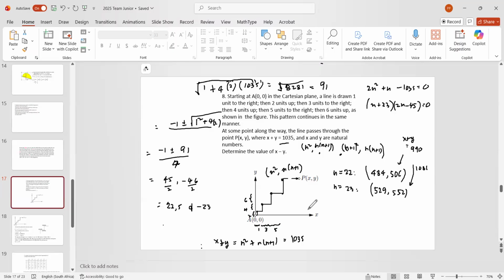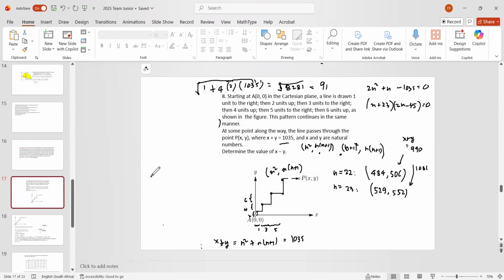So neither of these corner points work. By work, I mean the point xy is not this or this. So it's possibly that one there.